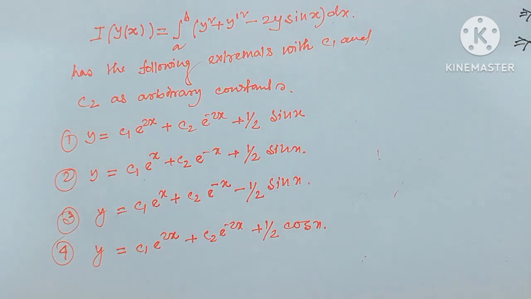Option 1, y equal to c1 e to the power 2x plus c2 e to the power minus 2x plus half sin x. Option 2, y equal to c1 e to the power x plus c2 e to the power minus x plus half sin x. Option 3, y equal to c1 e to the power x plus c2 e to the power minus x minus half sin x. And option 4, y equal to c1 e to the power 2x plus c2 e to the power minus 2x plus half cos x.